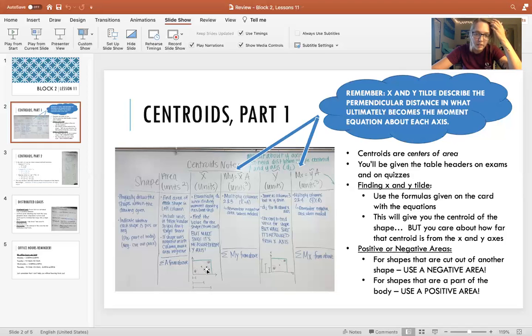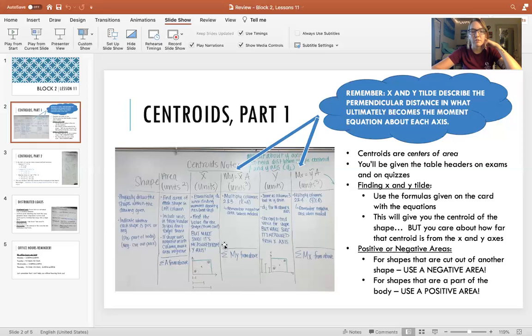The formulas you're given on the card that you used in class, which you'll get on the exam and the quiz, are specific to the shape. Remember that those formulas do not give the distance from the axis, but the distance from a point on the shape. We'll go over that in the next slide.